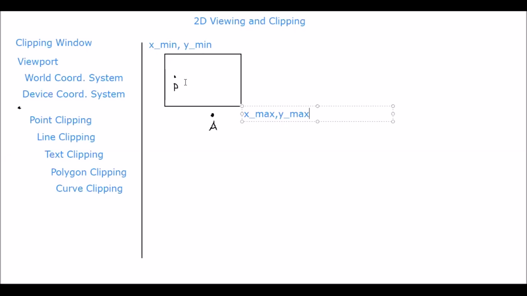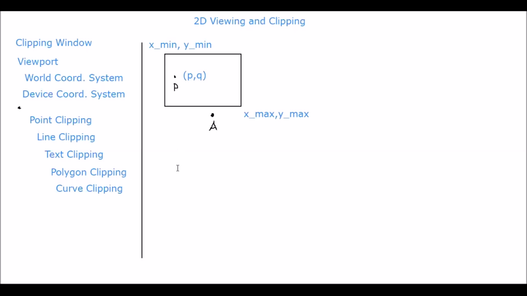When any point x comma y, or p comma q, is an interior point or an exterior point depends on one simple condition.